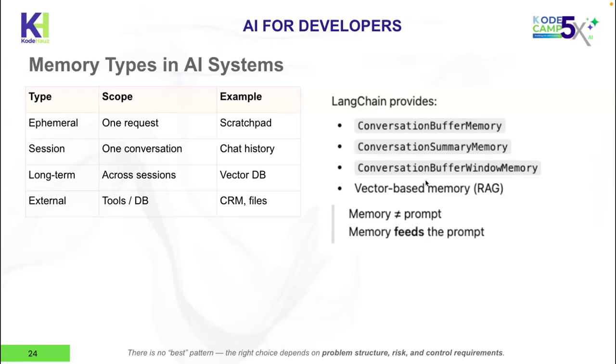So LangChain provides this, right? The conversation buffer memory, conversation summary memory, and the conversation buffer window memory, right? Now, currently, the way LangChain structures memory, they've kind of improved from this a bit, right? But generally, these are still available. The way LangChain handles memory now is you just have long-term memory and short-term memory, right?